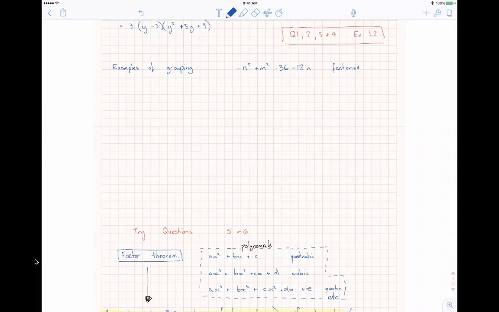Now what we can observe is that if we look at these three terms and we rearrange the expression, by grouping these three together, we can see that that is in fact a quadratic.